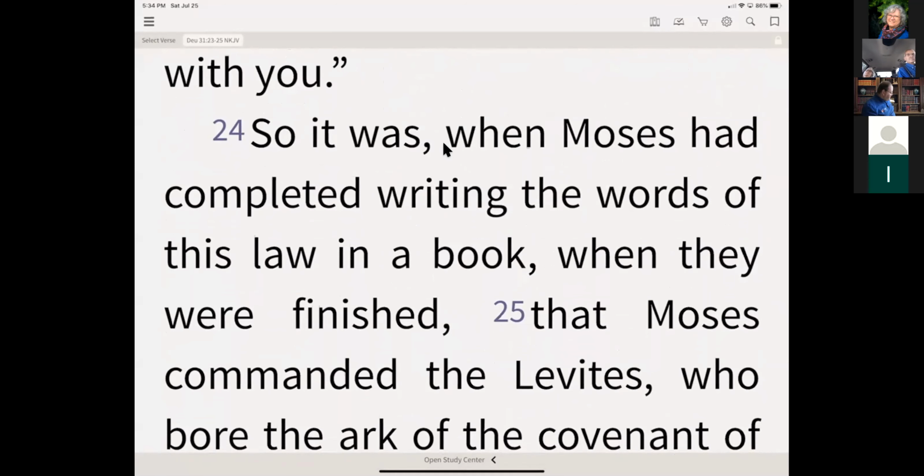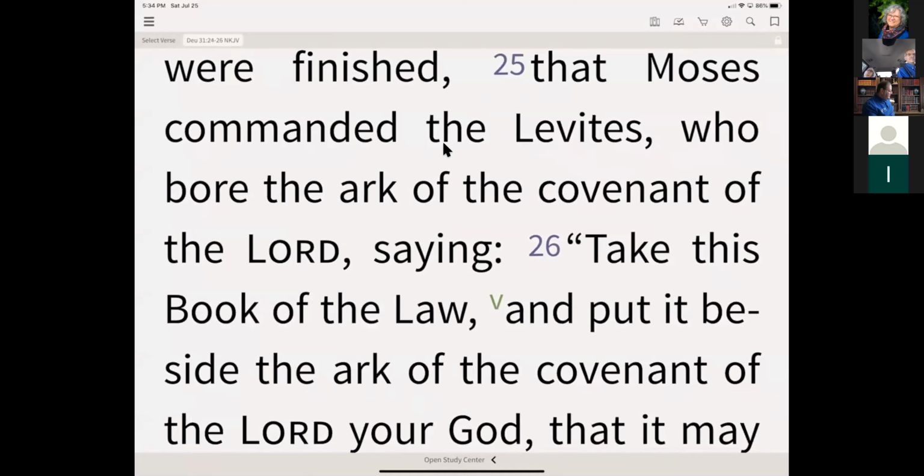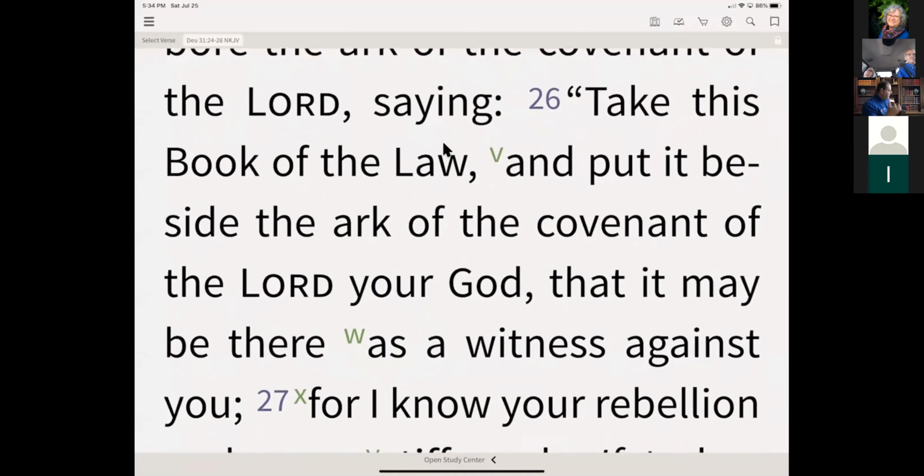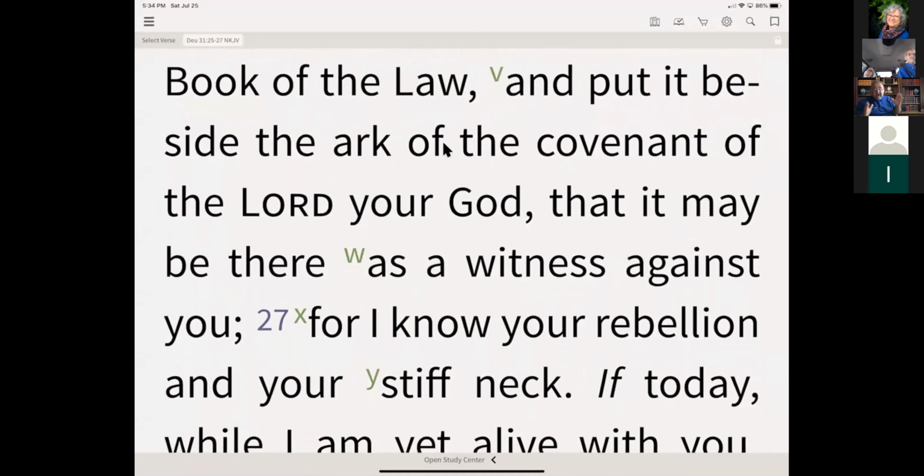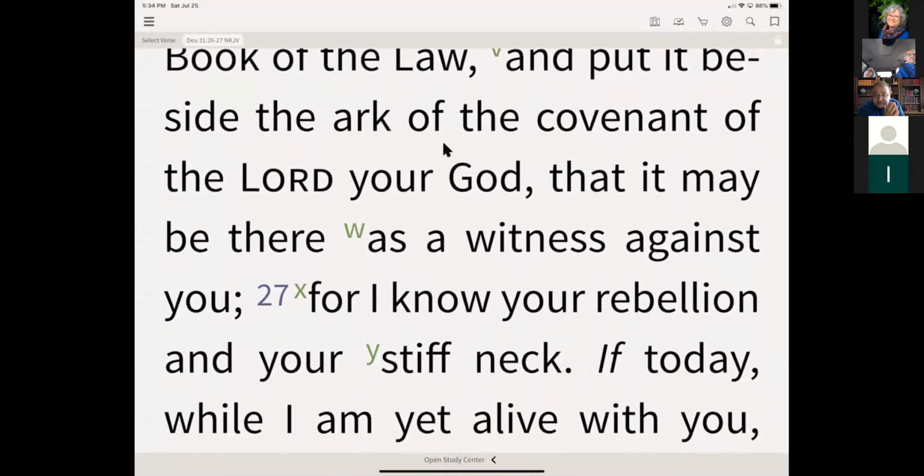When they were finished, Moses commanded the Levites who bore the Ark of the Covenant, take this book of the law and put it beside the Ark. So as you see, chapter 31 describes the completion of the book of the law. So Moses finishes his work. He sings the song. Joshua records the song, appends it to the book of the law, and then keeps writing.